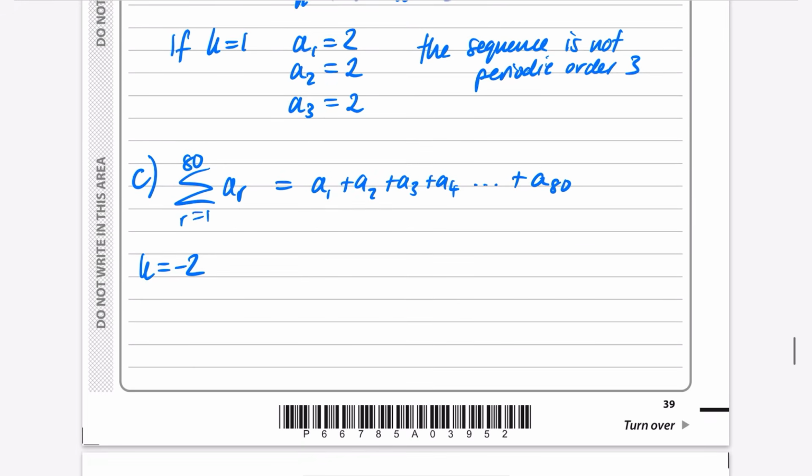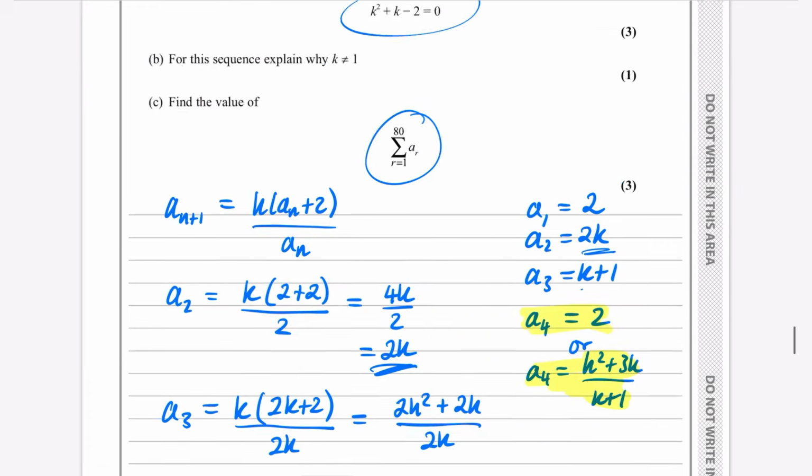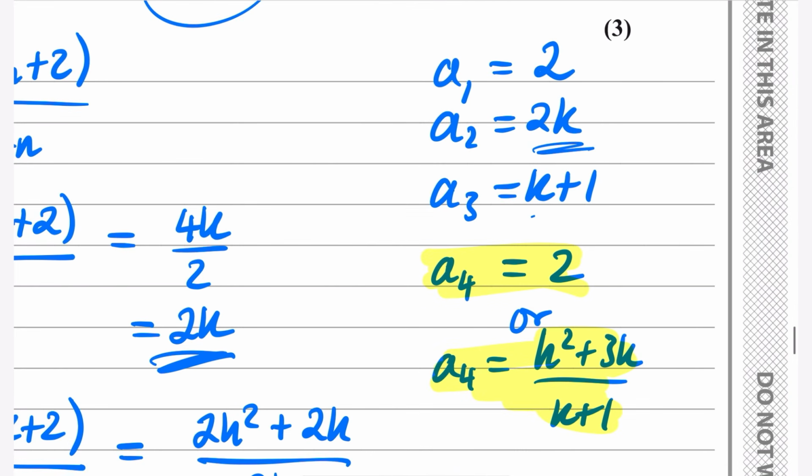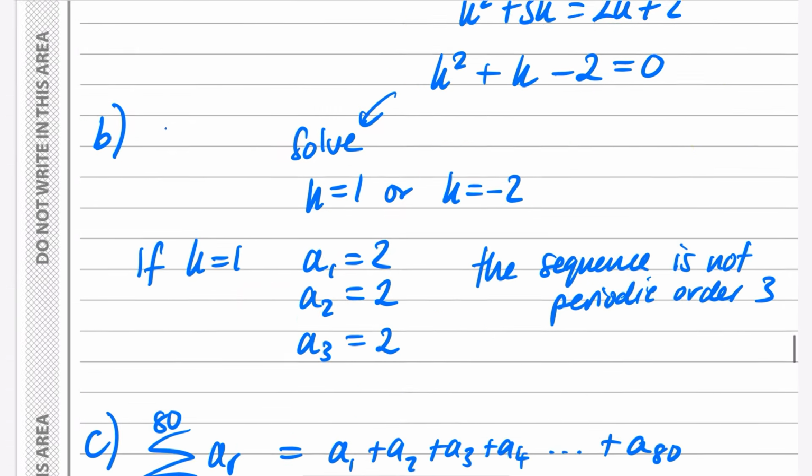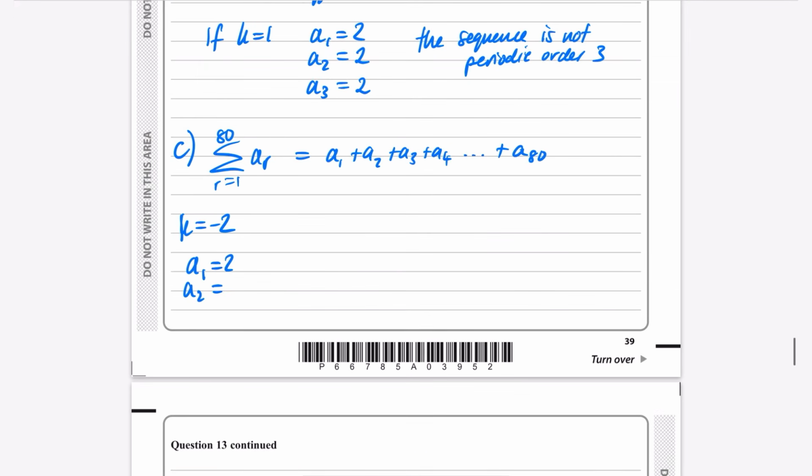A1 is 2. A2 is 2k, which is minus 4. And A3 is k plus 1, which is minus 1. Now, A4 is equal to 2, A5 is minus 4, and A6 is minus 1. You get this pattern that's repeating loads and loads.